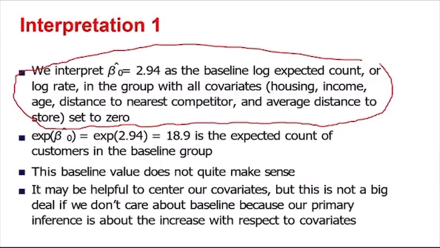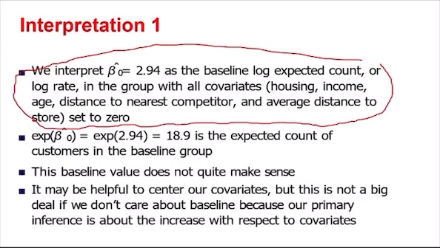If I remove the log here and take the exponentiation, I'm going to be talking about the odds ratio. But if I remove the log here, I'm going to be talking about the expected count. Does that make sense? To remove the log from both, I will do exponentiation.